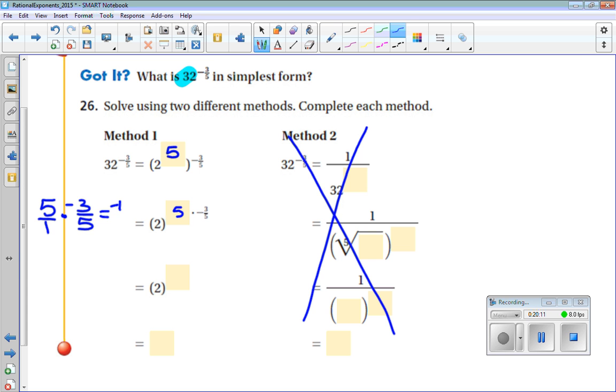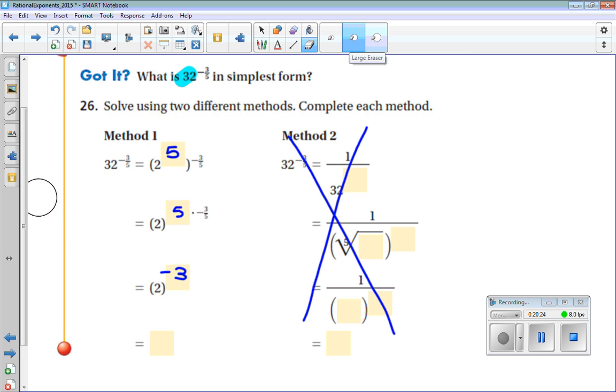So I get negative 15 over 5, which is just what? Negative 3. So this crazy thing of 32 to the negative 3/5 is already reducing with no fractions. That's our goal, to get rid of the fractions, right? So I'm doing that.